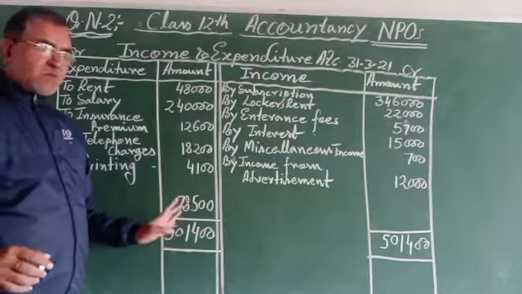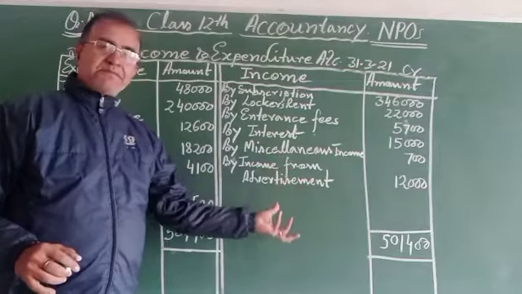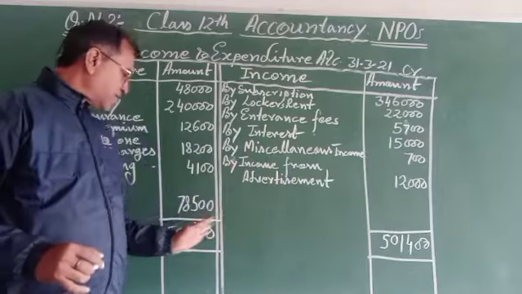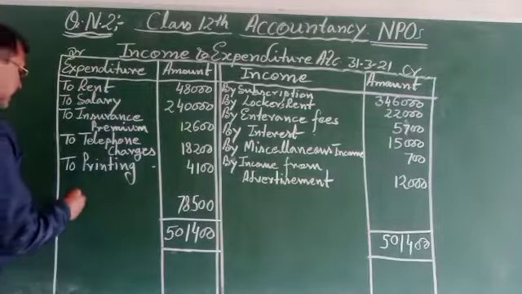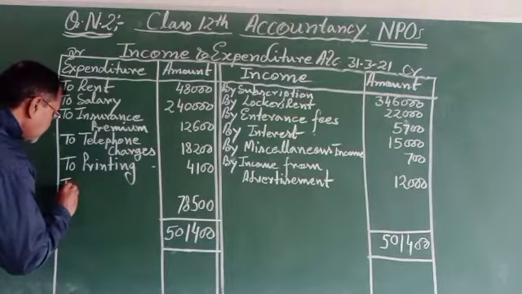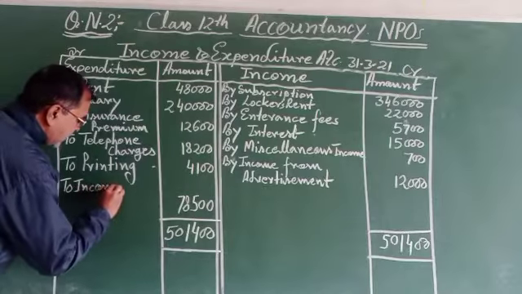The difference of 78,500 is where the credit column exceeds the debit column. So we can write here, income over expenditure.